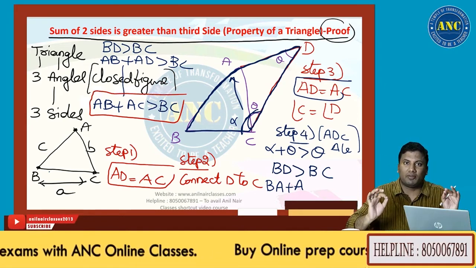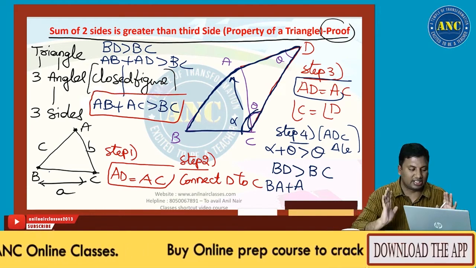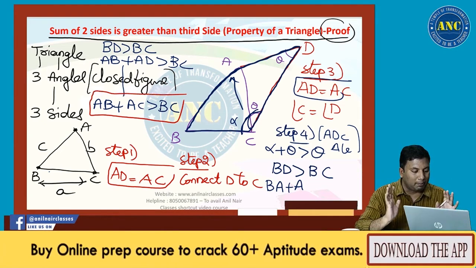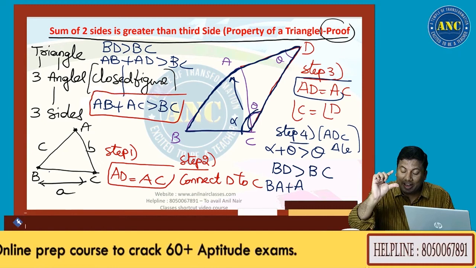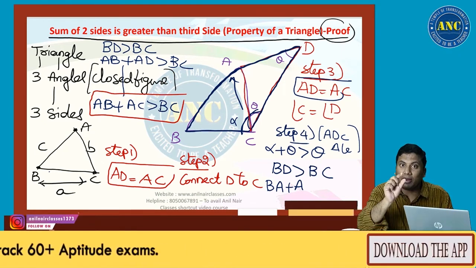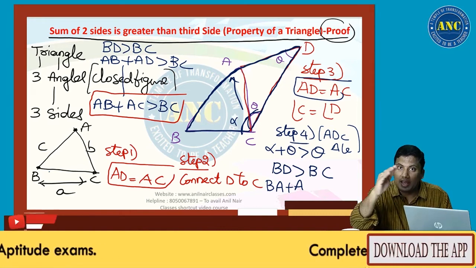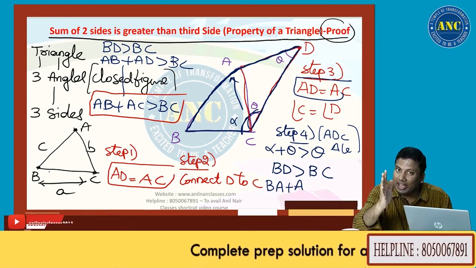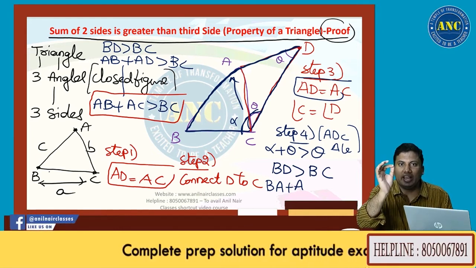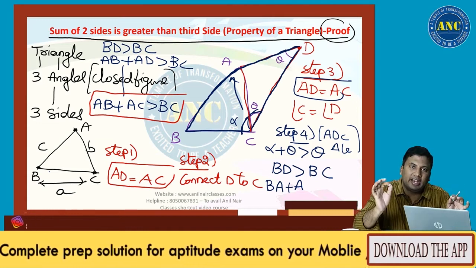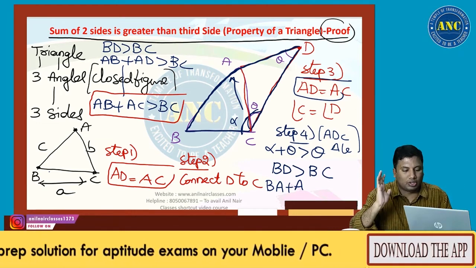Steps 1 and 2 are common in every triangle. Step number 3: find the value of AC. From A, draw a line ending at D, such that AD is equal to AC.